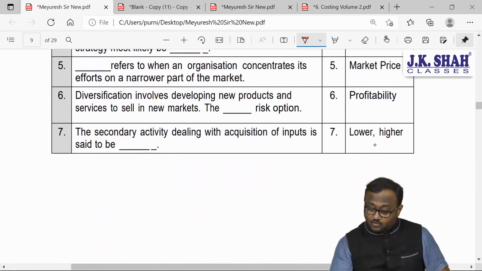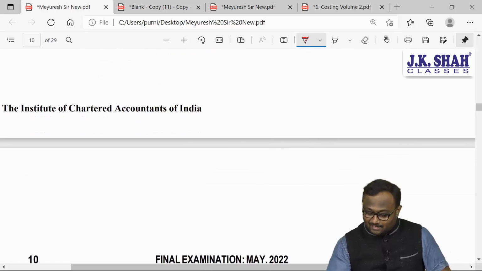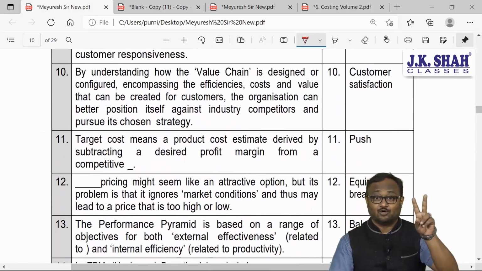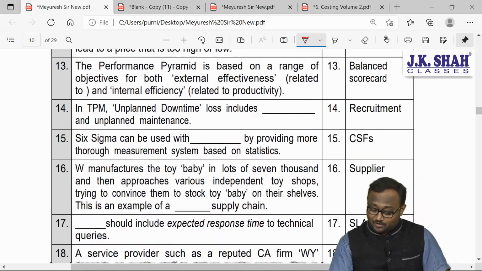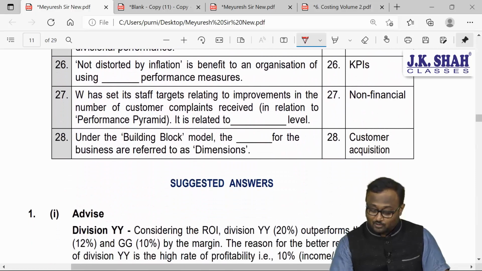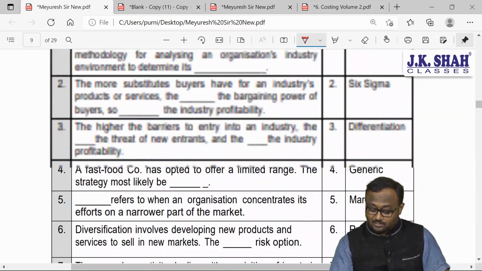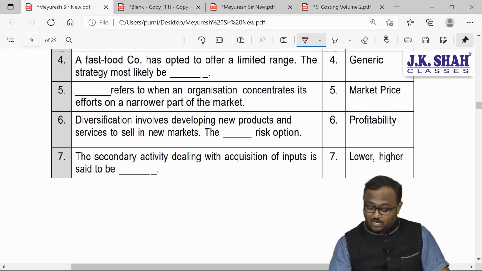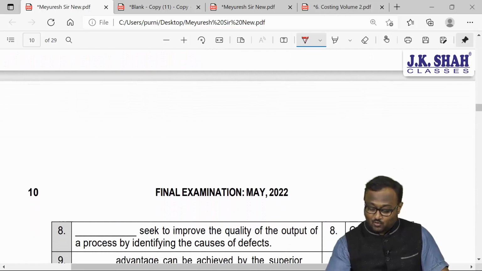See, we have one answer lower, higher, and the other answer higher, lower. I know one of these answers will be correct because there are 2 spaces to be filled. This is what you are supposed to do in the exam also. I know that there are 2 answers required here. One is lower, higher. Other one is higher, lower.